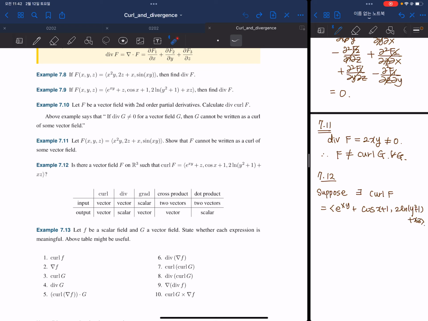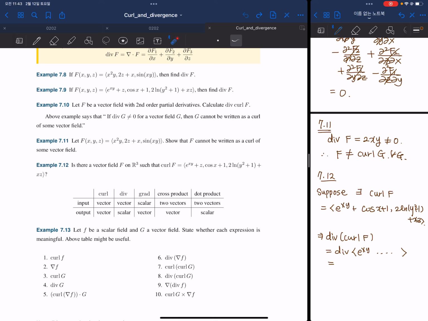Then if we take the divergence here, the divergence of curl f is the divergence of these things.